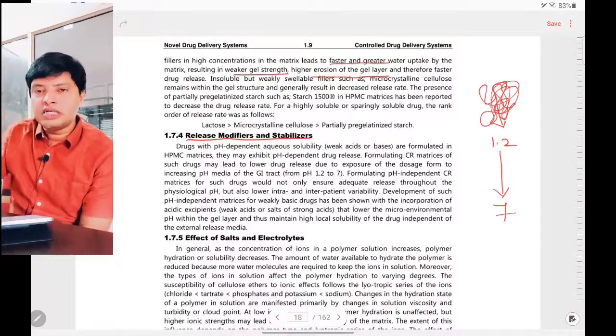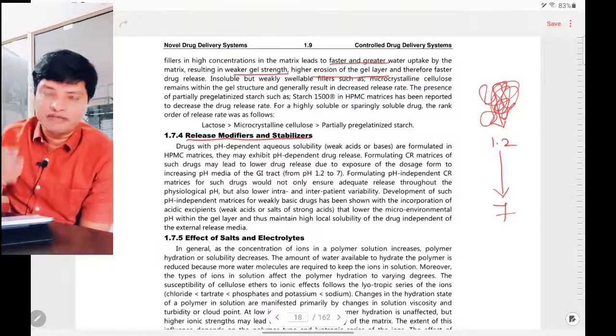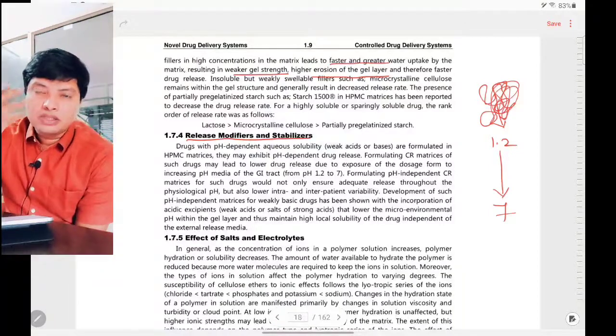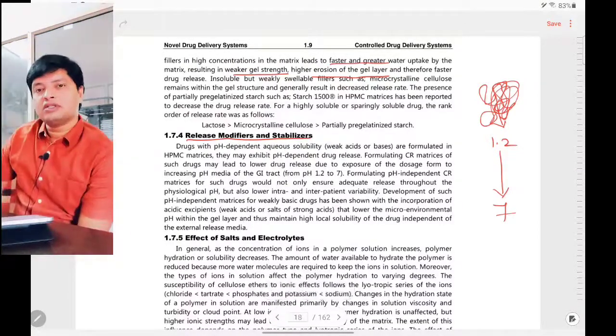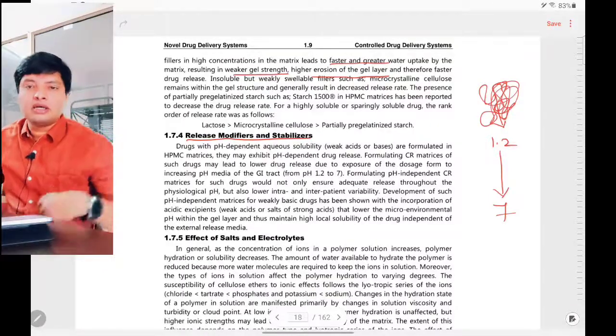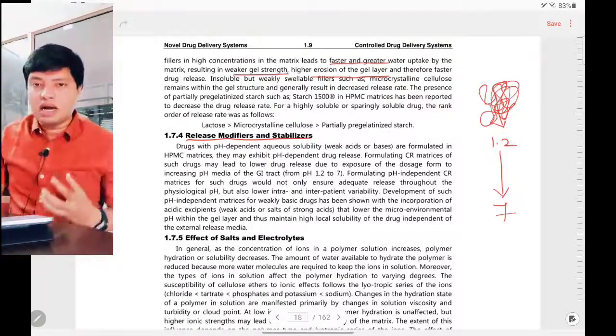Due to this, if your drug is solubilized in acidic pH and releases in acidic pH, because there is a continuous increase in the pH, the drug release will be retarded.